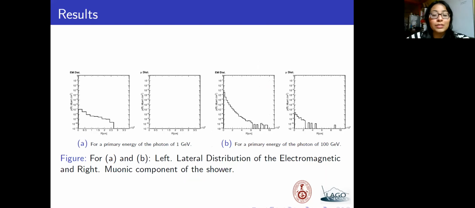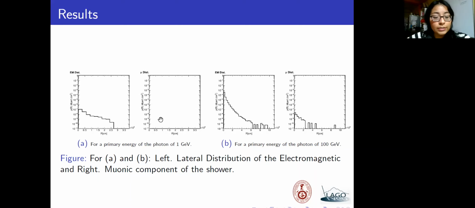What can be seen here is that the higher the primary energy is, there is a greater number of particles per square centimeter, and this density is more concentrated around the points closest to the axis of the shower. Now, comparing for the same primary energy, there are two components, an electromagnetic component and a muonic component. The density and dispersion in the electromagnetic component is higher than in the muonic component.